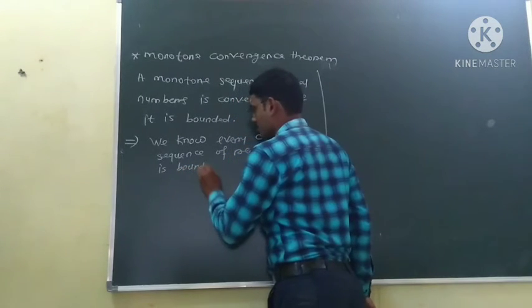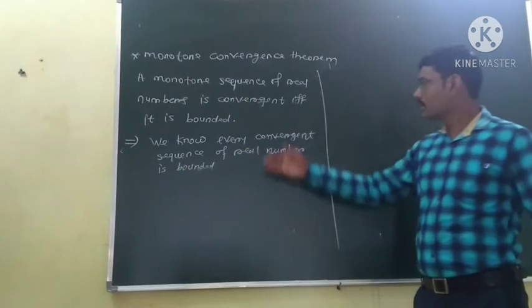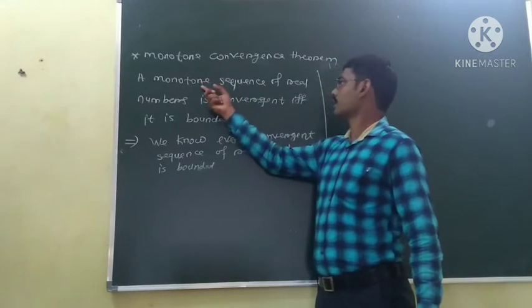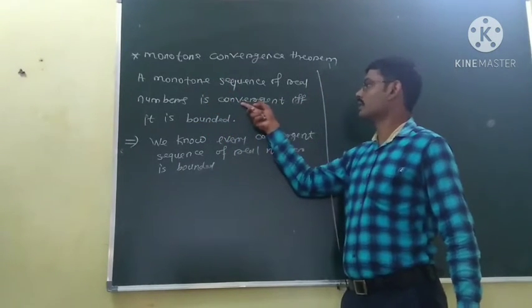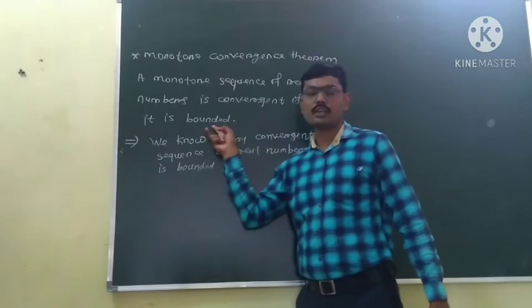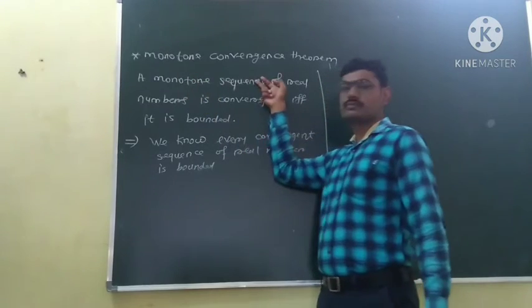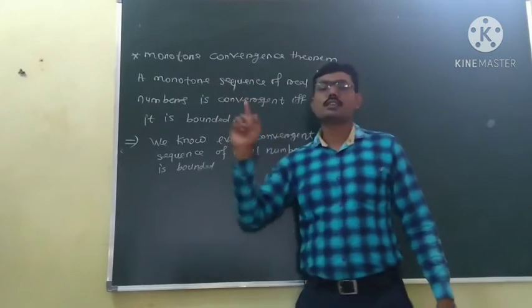We have seen this theorem. So we have done only half of this theorem. If a sequence is convergent, it is bounded. Now what will we prove? We will prove that if a sequence is monotone and bounded, then it is convergent.